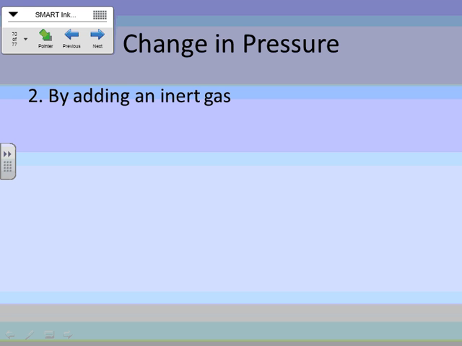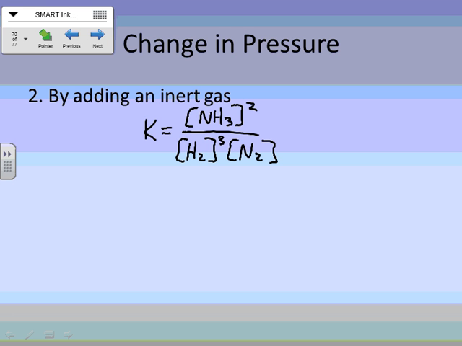So let's think about our equilibrium expression again for the Haber process here. We got NH3 squared over H2 cubed times N2. Okay, so there's our expression. Let's say into this particular reaction we just pump some argon gas or some neon gas.